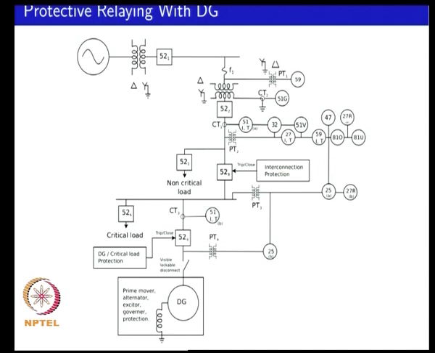This is just an example to give you a feel for the issues that you would need to address when you are doing interconnection of a distributed generator to the grid.